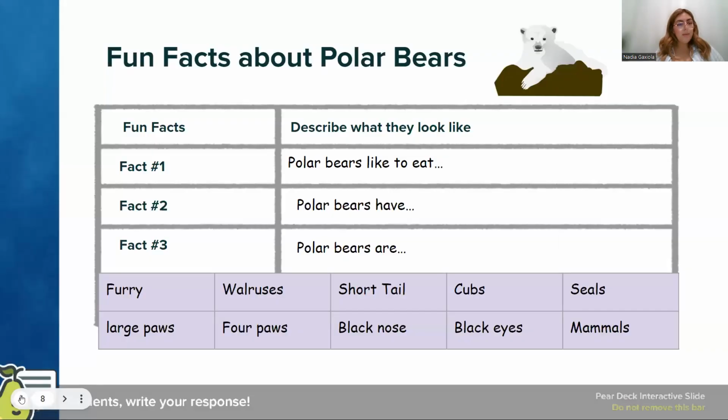From there, we are going to answer a few questions based on what we just read, and I have provided sentence starters. And then here on this Pear Deck slide, they are going to write. I provided some adjectives that they can use, and here on Pear Deck, they will be able to type in their live response.